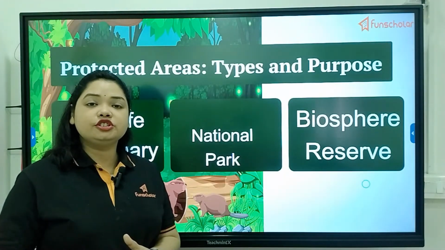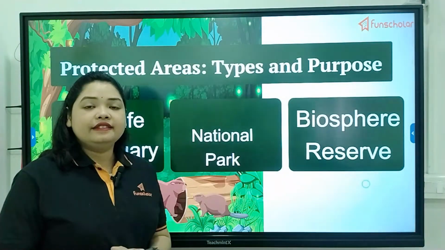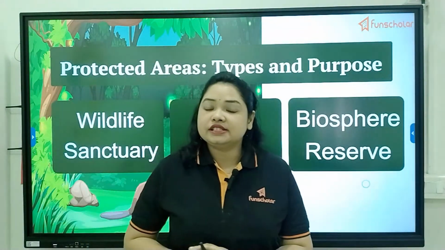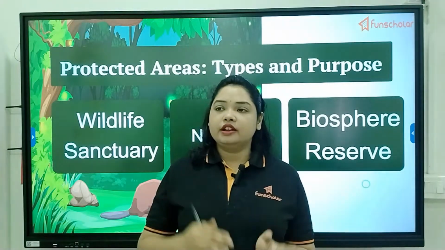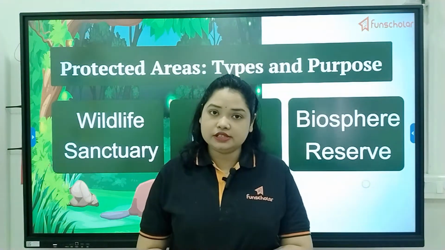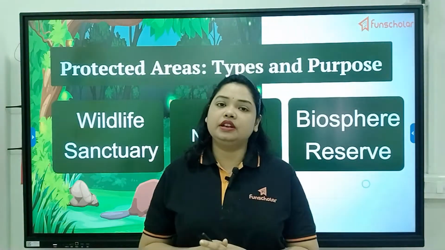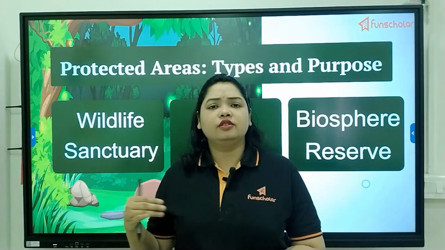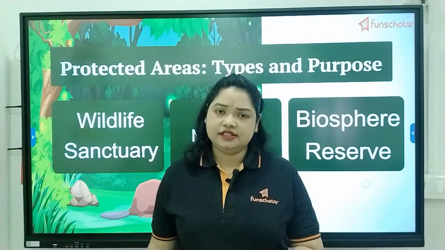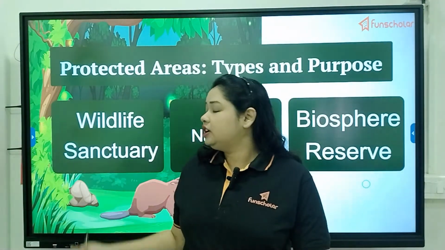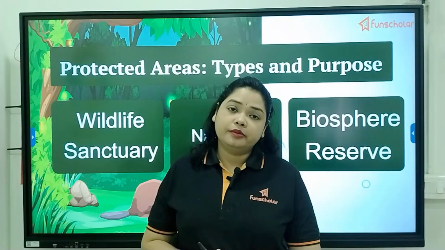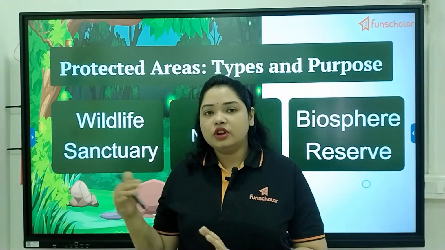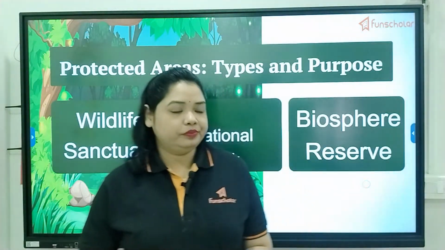So all the species of wildlife together, and there you can carry out some activities such as tourism, and there you can go and visit those animals, but for a restricted time period. For example, 2 hours or 3 hours in the morning, and then 1 to 2 hours in the evening, like this. And it can be owned by the government or private agency, or they can own it jointly also.